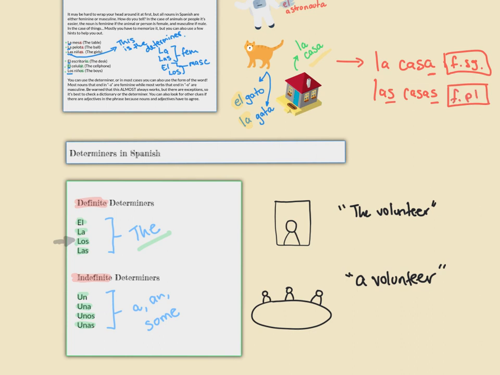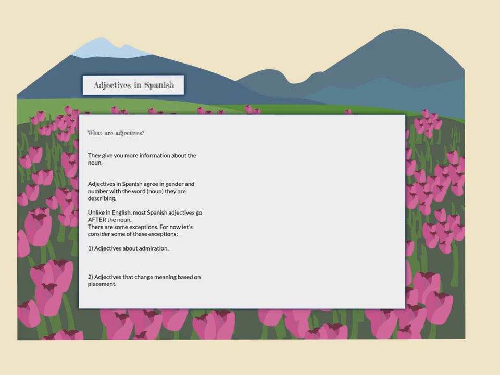Okay, so let's look at some adjectives and how to form and use adjectives, and that'll help you have a better idea of how to determine whether a noun is masculine or feminine. If you want to take a break right now after having looked at everything that has to do with determiners and nouns, feel free to pause the video and come back later.